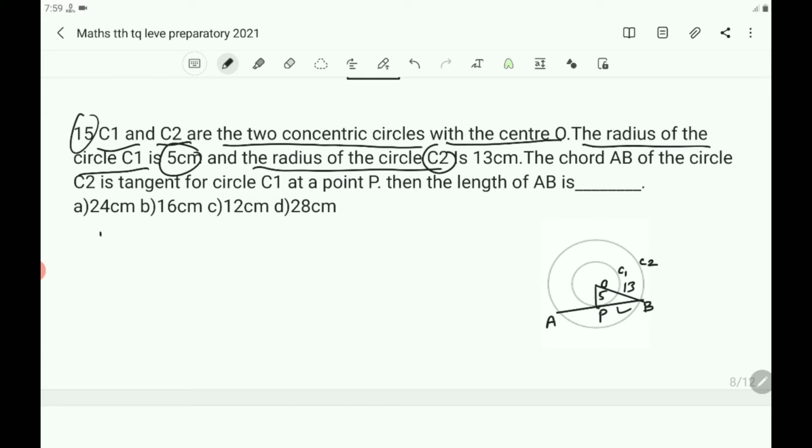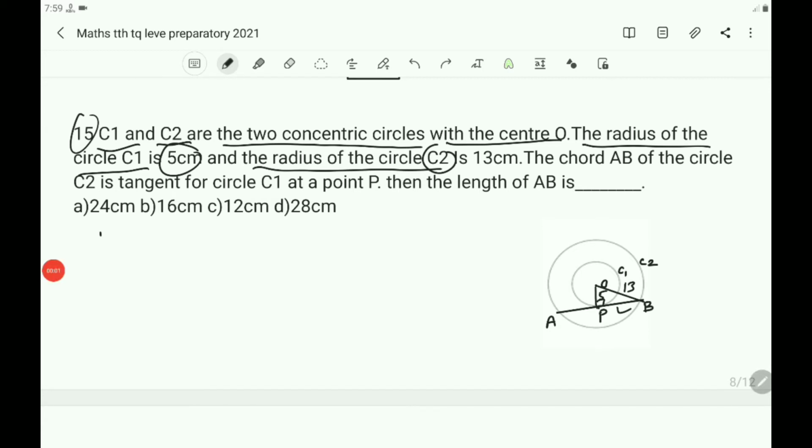P is the point of contact, and also you know that OP is perpendicular to AB. That is, the radius at the point of contact is perpendicular to the tangent. And also one more thing, here AB is a chord of the circle C2. So the chord is bisected by the point P, that I have learnt in the 9th standard.